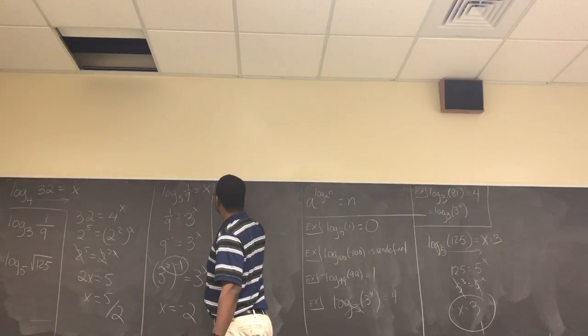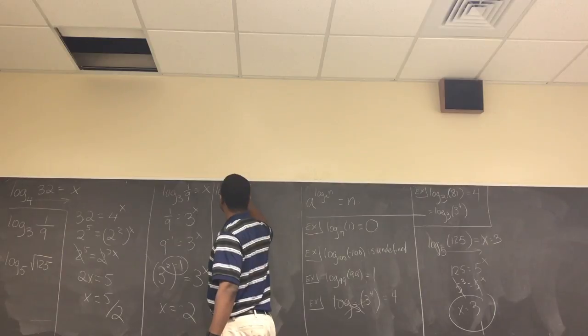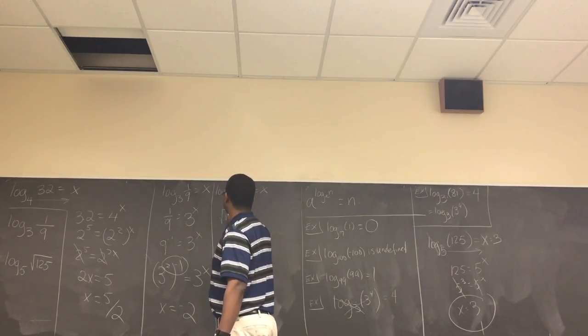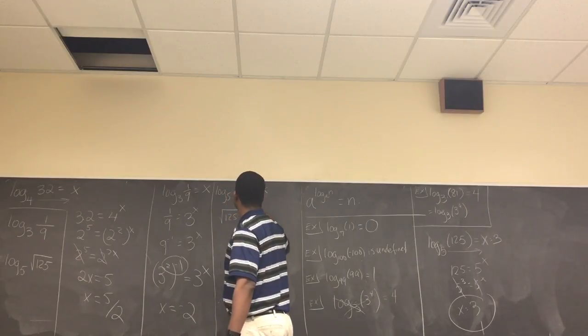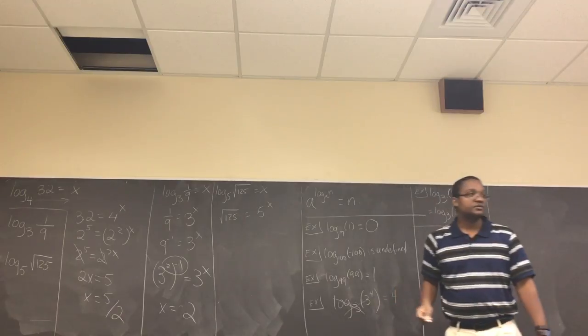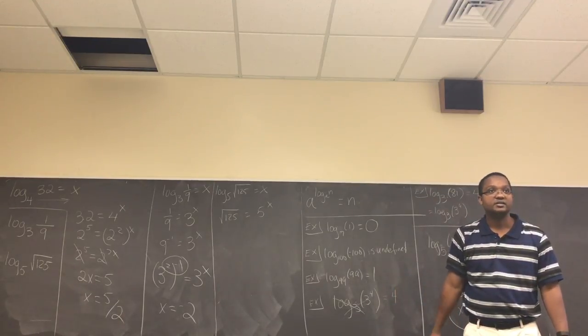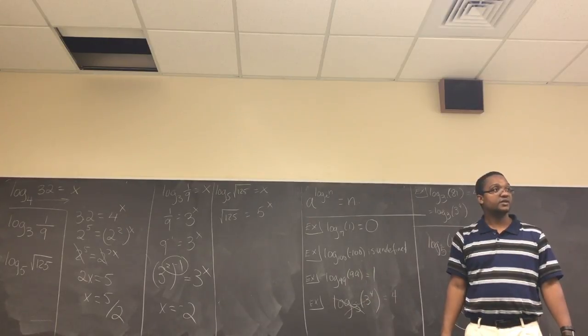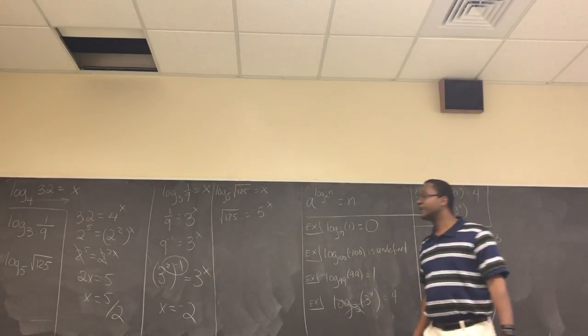So log base 5 of the square root of 125 is x. So the square root of 125 equals 5 to the x power, right? Square roots mean what kind of power? Fractional powers, correct? Whenever you have a radical, you have a fractional power.